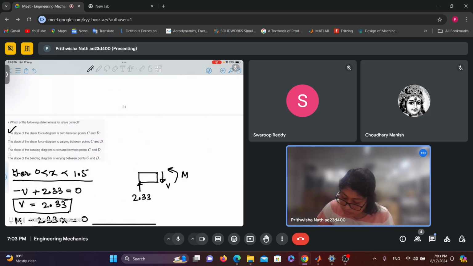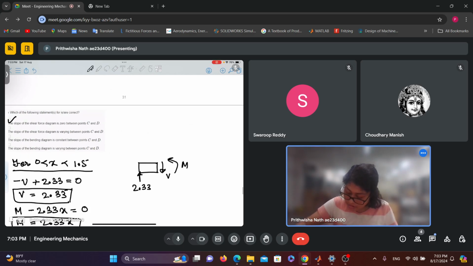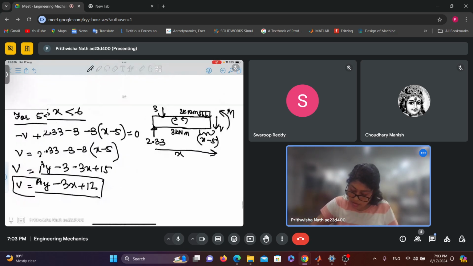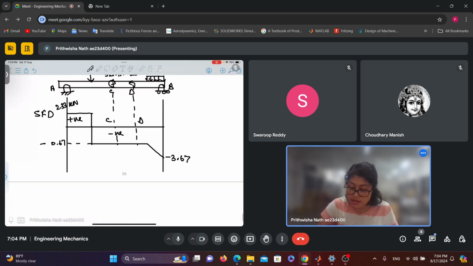And slope of bending moment is constant between C and D. For BMD, it will have a constant slope, right? This SFD is having 0 slope. So BMD will have a constant slope, right?